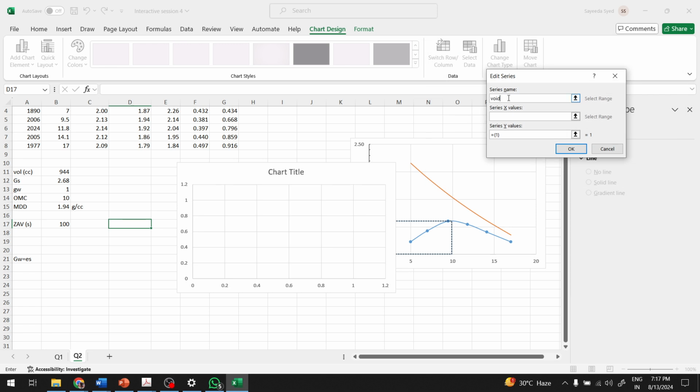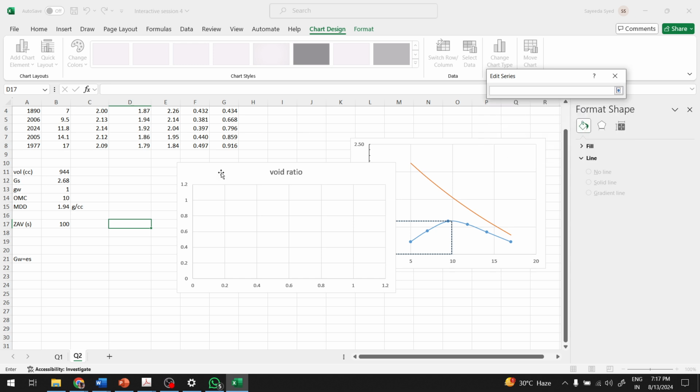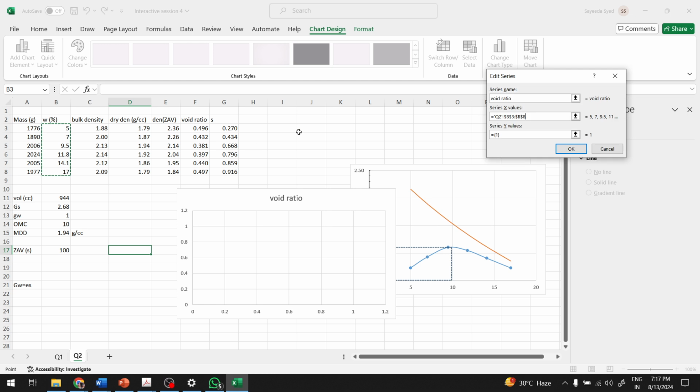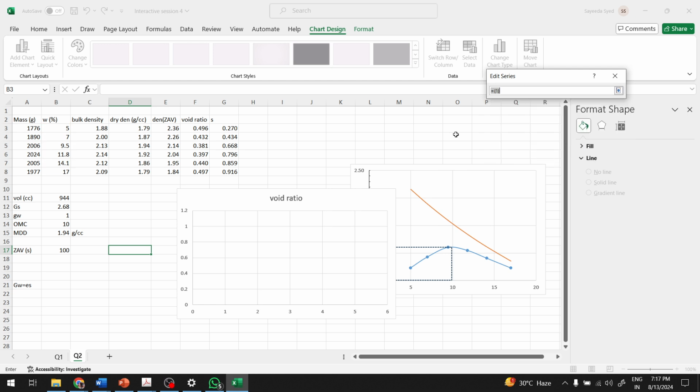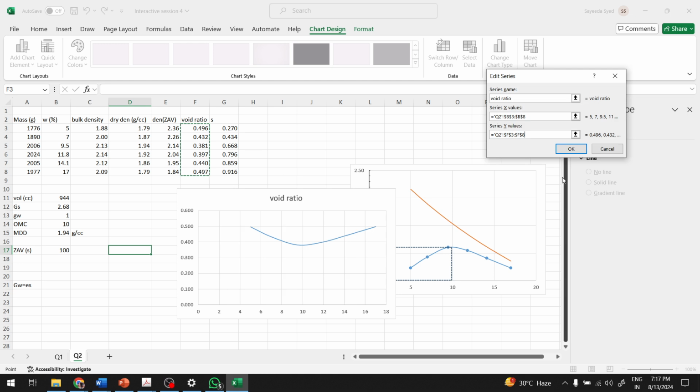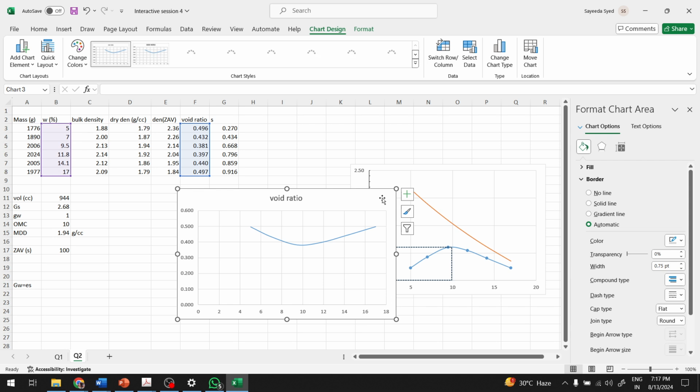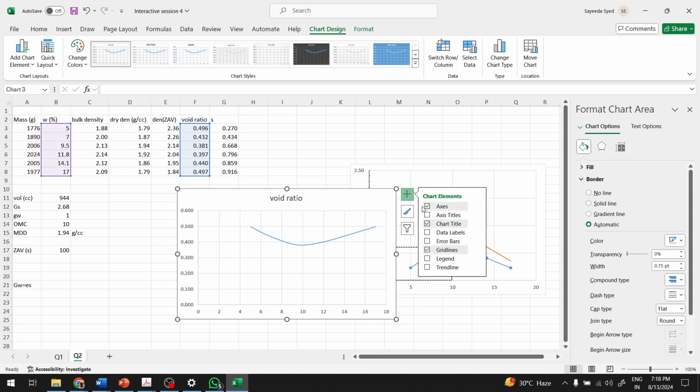Void ratio, X will be our water content and Y will be our void ratio. Okay, now let me do one thing.